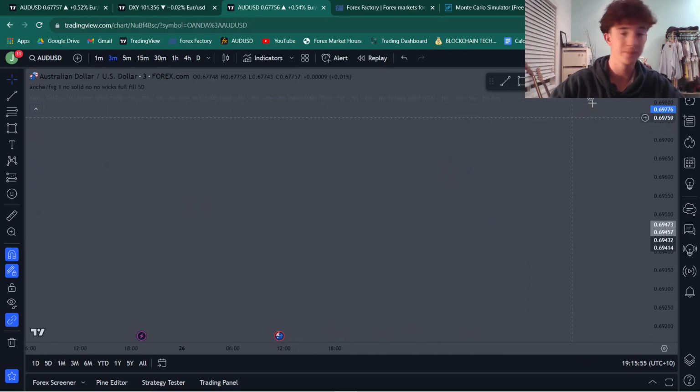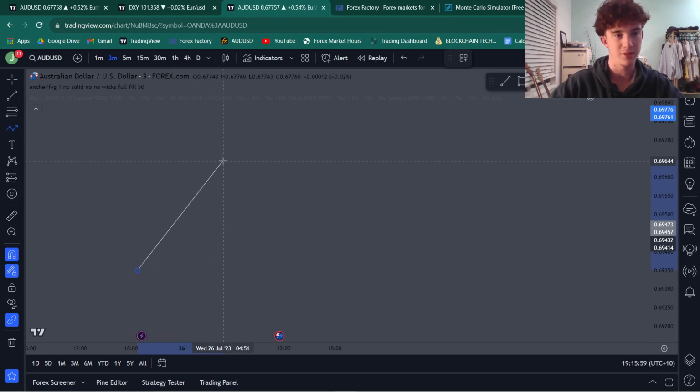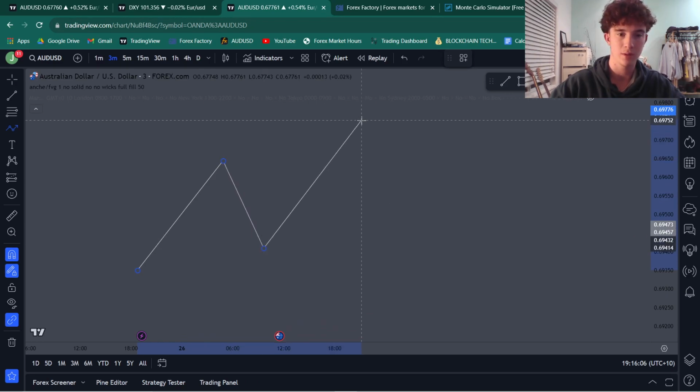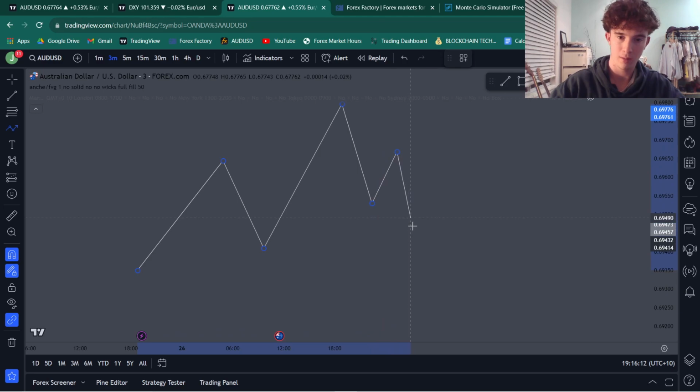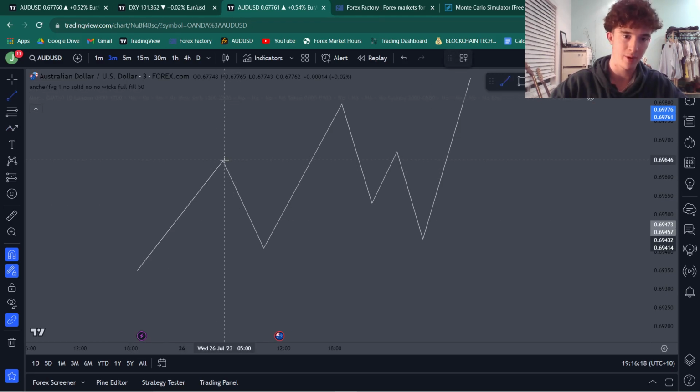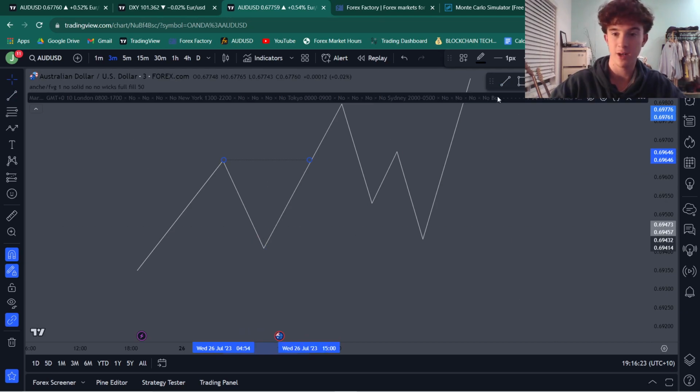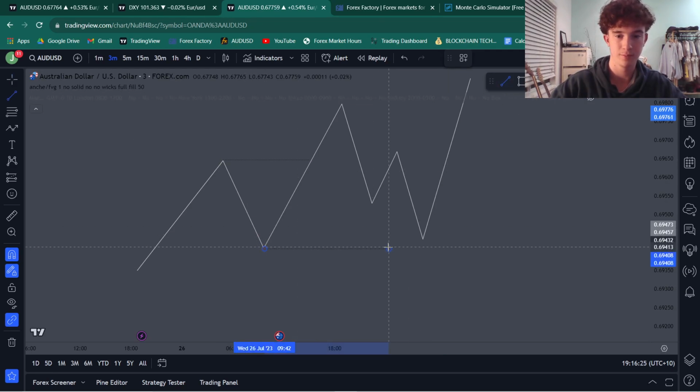This one uses both imbalance and inducement. So same thing, break structure, we get a new high, put in the low that caused that new high, and protect the low.